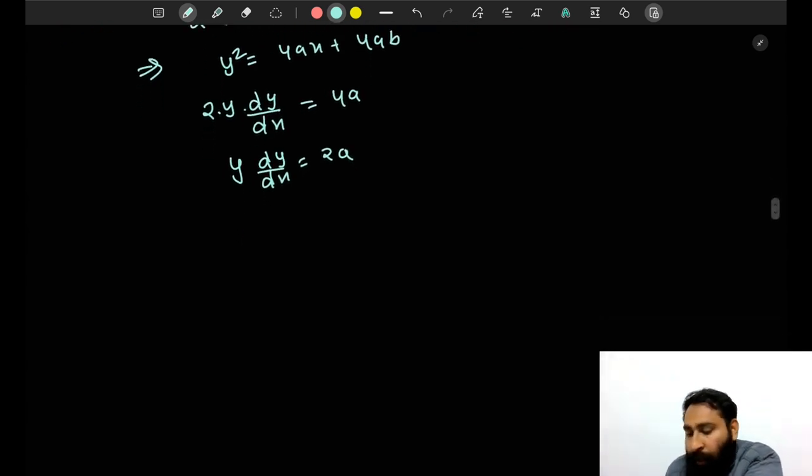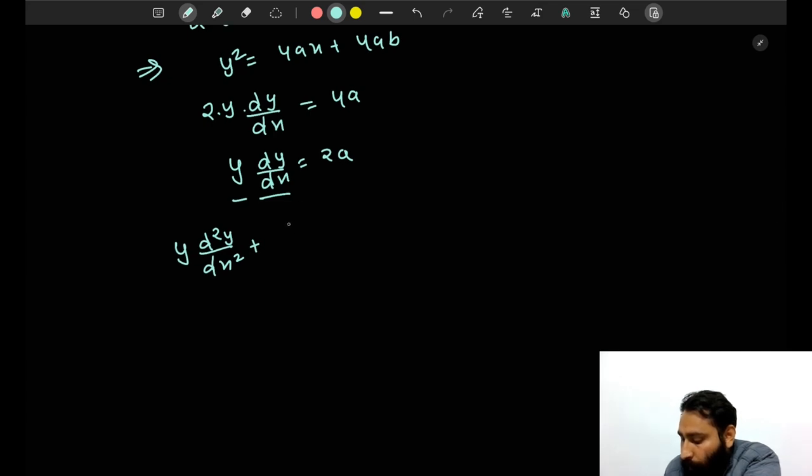Now we again differentiate with respect to x. We have to apply the product rule because it is the product of two functions. So first as it is, second differentiation, plus first differentiation, second as it is.